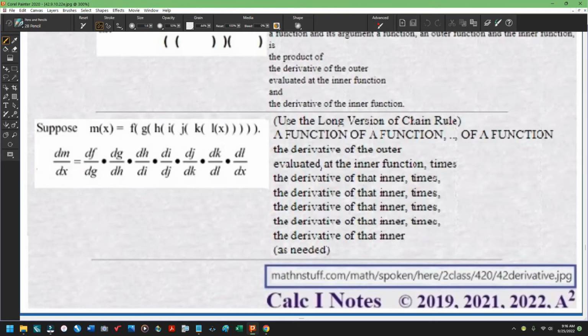So it's the derivative of the outer evaluated at the inner times the derivative of the inner is how one normally sings it. We're now going to sing it: the derivative of the outer evaluated at the inner times the derivative of that inner times the derivative of that inner times the derivative of that inner, for as long as it takes.